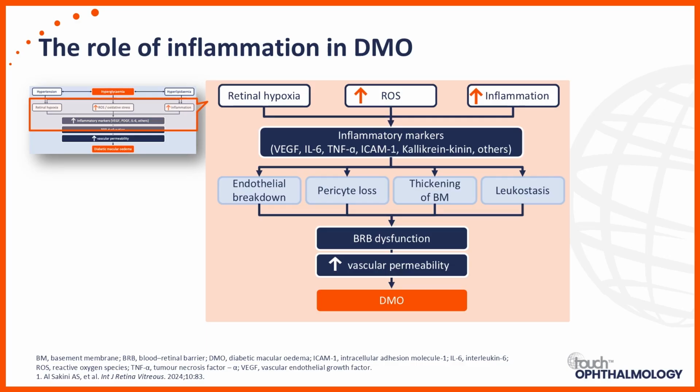The increase of these inflammatory molecules induces a decrease in vascular adhesion molecules between endothelial cells and increases subclinical inflammation and the production of ROS. This leads to further endothelial breakdown, loss of the pericytes, thickening of the basement membrane, and leukostasis, which ultimately lead to further alteration of the blood-retinal barrier and increased vascular permeability.